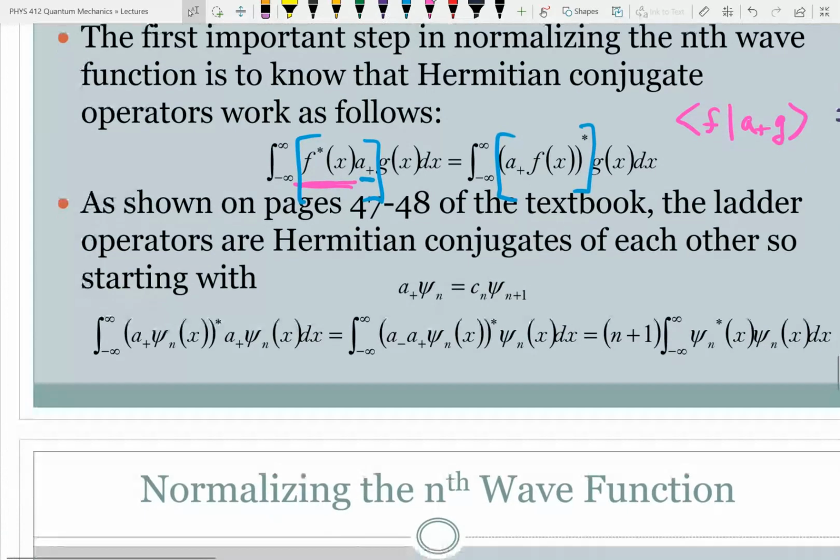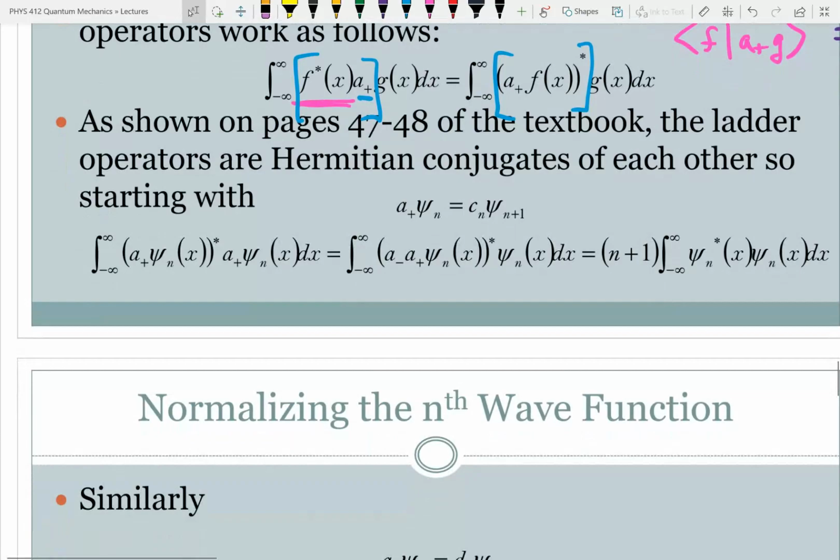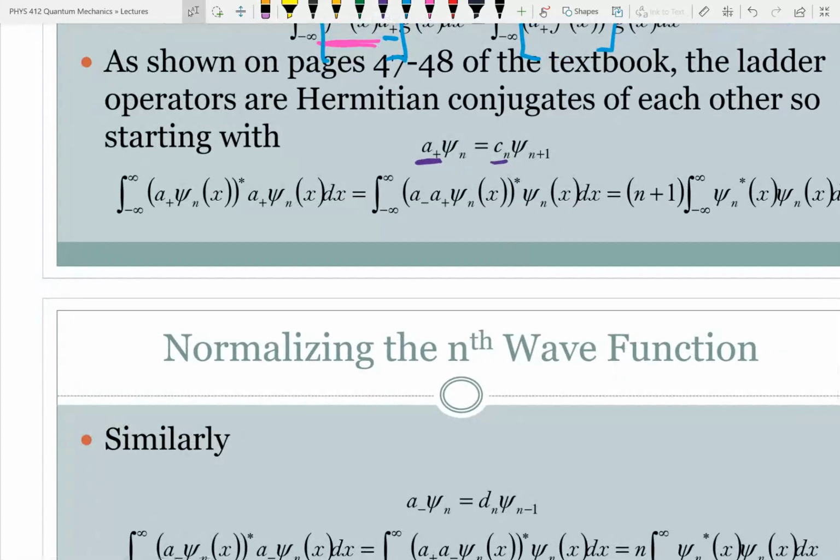All right, so how is that going to play out for us using that relationship? Start with the relationship that A plus acting on psi n is equal to some normalization constant times psi n plus 1. So it gives me a new normalized state.